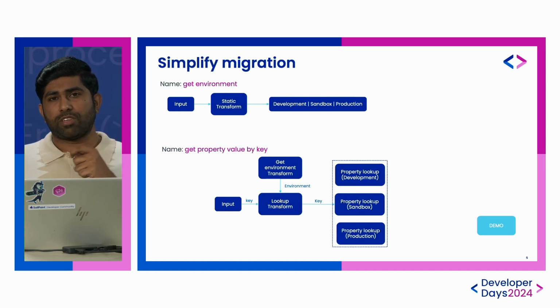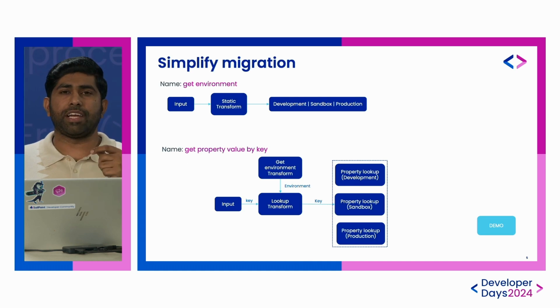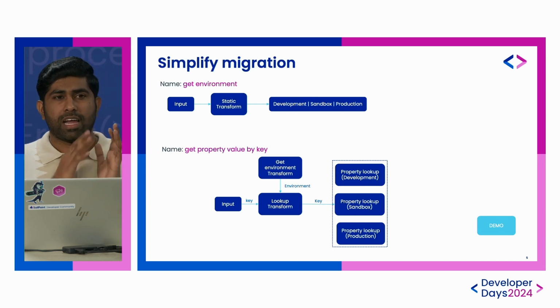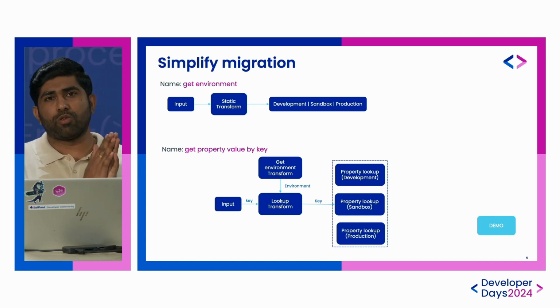How does that lookup transform do that? It has an explicit input, which is a get environment transform. This get environment is a static transform. We create one static transform per environment, and in it we store our environment value. If your environment is development, this static transform will return development. If your environment is production, it will return production.